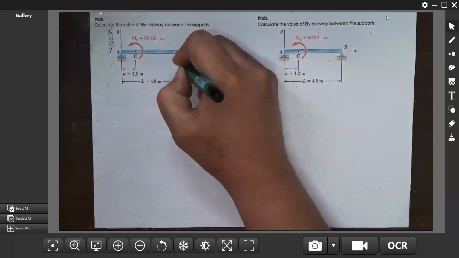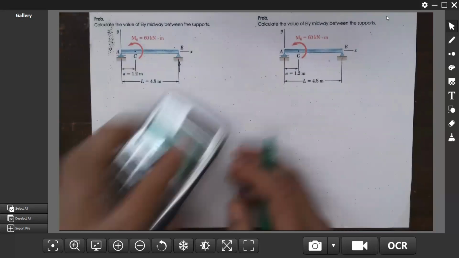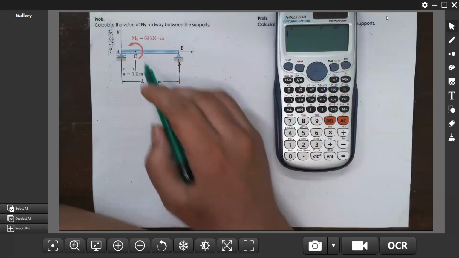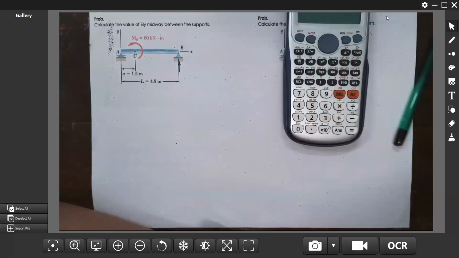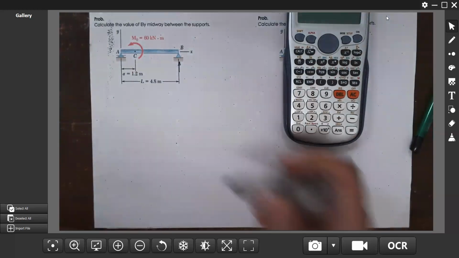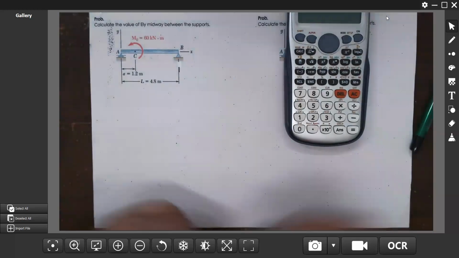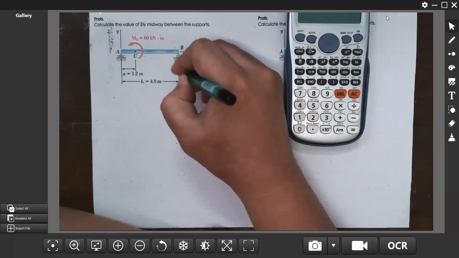First, you solve for the reactions. Dali ra man reaction. Counter mo ni question siya, dapat downward niya.